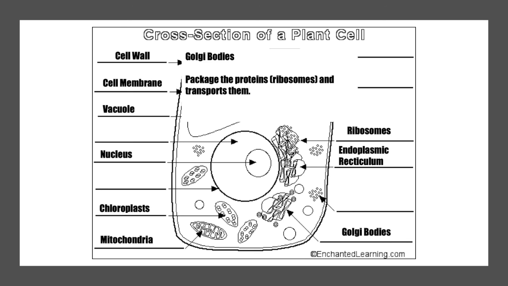So the question was, are the cell wall and the chloroplast the two main things that make a plant and animal cell different? And they are. Those are the two most important organelles that distinguish the two cell types from each other. Any more questions?